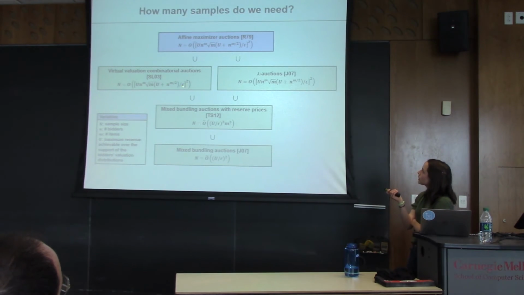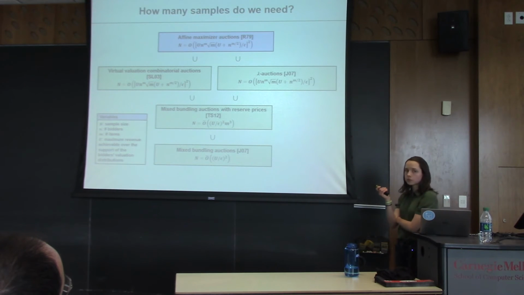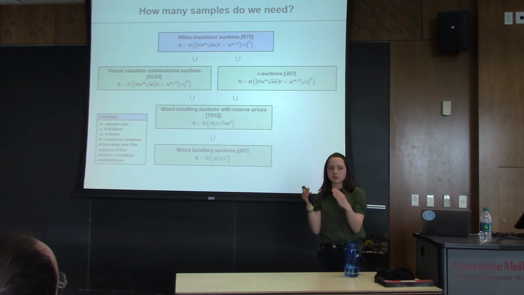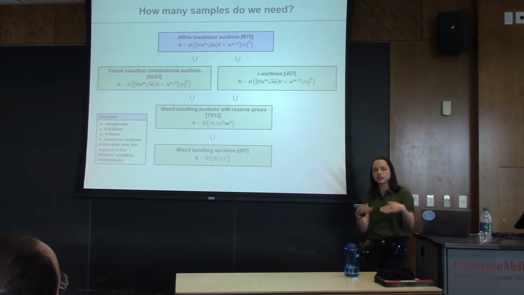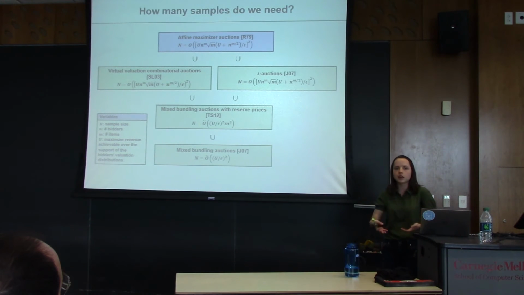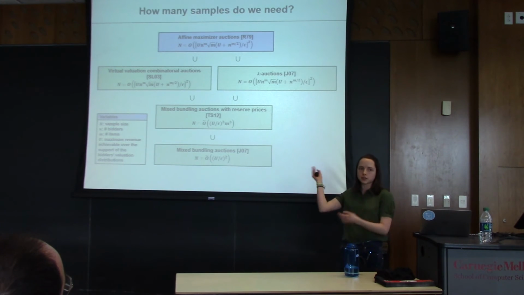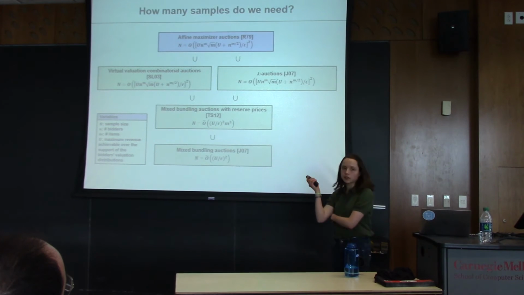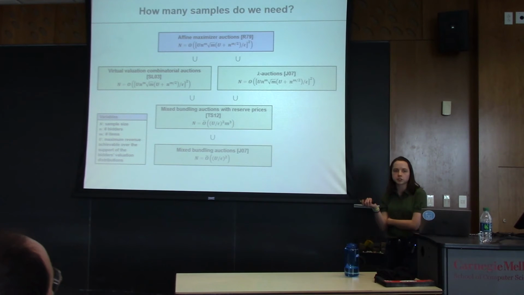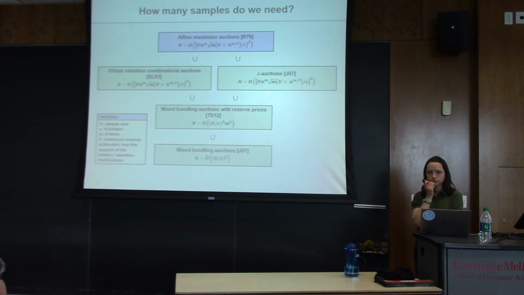Actually, these are the same because if we have an upper bound for affine maximizer auctions, then we can use that upper bound also for lower classes in the hierarchy. Then our lower bounds differ depending on the auction class, and these are much better because they're not exponential.